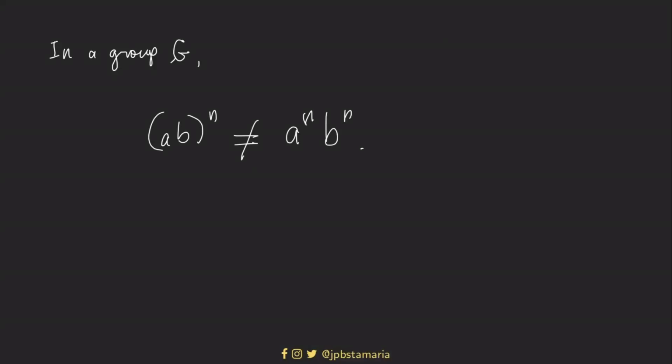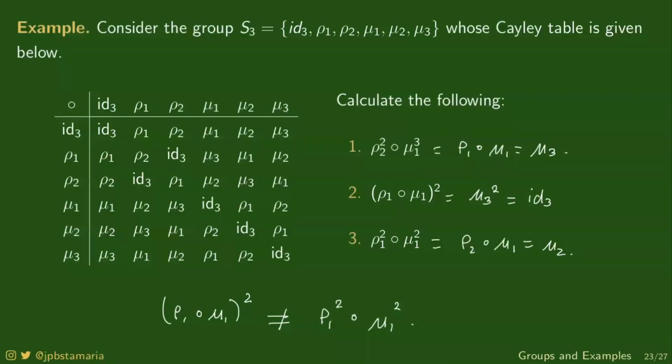Hindi totoo yung anong tawag niyo dyan? Law of exponents nyo dati sa algebrang pangbata. But you will see later that it will be true as long as A and B commute with one another.